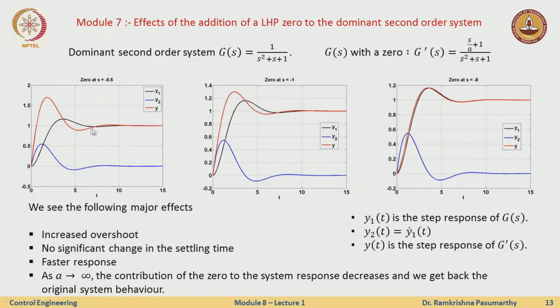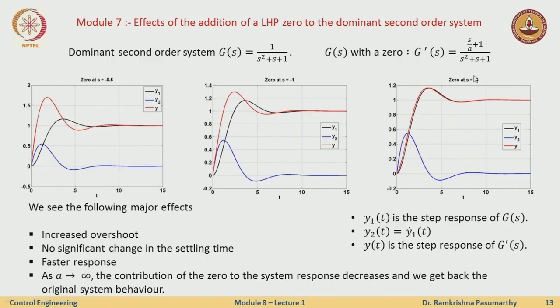Now I am adding a 0 at minus 0.5, and now I add a 0 at s equal to minus 1, and I see that the red and the black lines actually are coming closer to each other. The red is the response of G prime and the black is the response of G, and I want to place the 0 in such a way that these two are closer to each other.